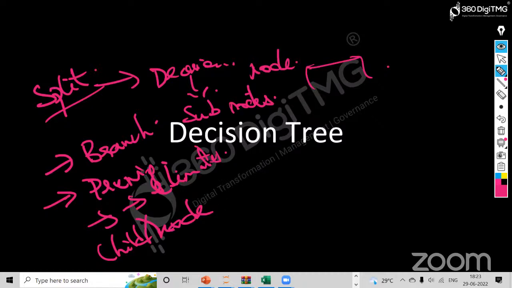You can look at the data set, and then your decision tree algorithm will compare the values with your actual data set. Based on this comparison, it will move to the next node.